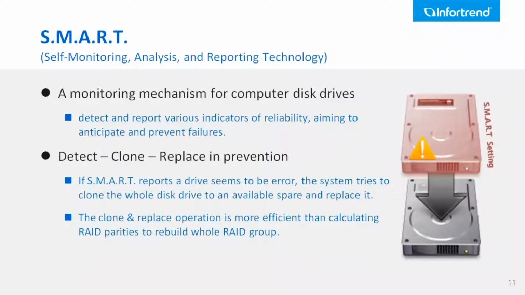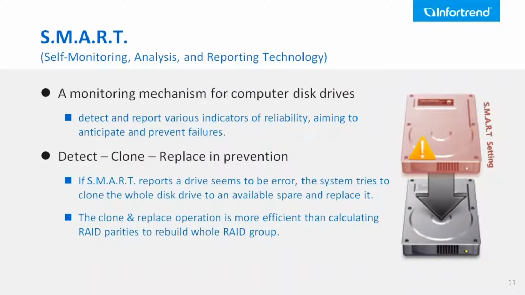Here is SMART, which most people may be familiar with. It is a disk drive function which does self-monitoring, analysis, and reporting. How does Infortrend RAID technology take advantage of SMART? By receiving the SMART event, Infortrend RAID technology starts the handling process in the first place.